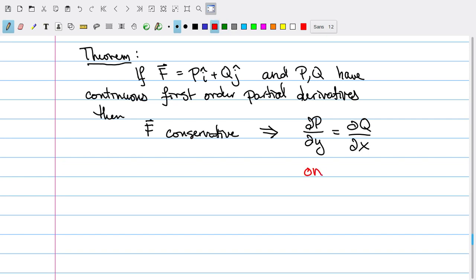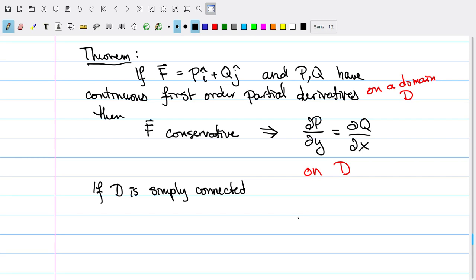And this is true on a domain D. By a domain, I just mean some sort of open subset of the plane. The converse is also true if D is simply connected. That is to say, on a simply connected domain, the partial derivative of P with respect to y equal to the partial derivative of Q with respect to x implies that the vector field is conservative on that domain.